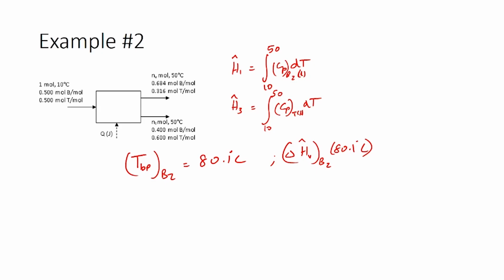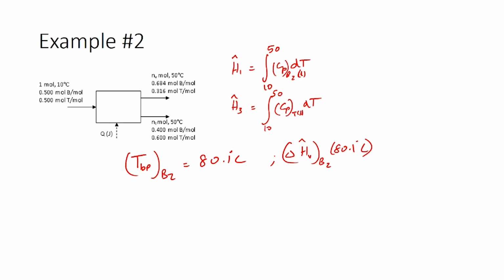So, we will have to build a hypothetical path where benzene at the reference state, which is liquid at 10 degrees Celsius, is heated to liquid at 80.1 degrees Celsius, and at 80.1 degrees Celsius it converts from liquid to vapor, and the vapor benzene at 80.1 degrees Celsius is cooled back to 50 degrees Celsius.